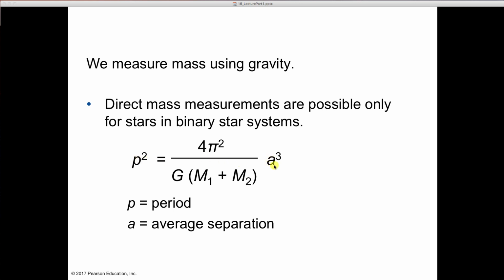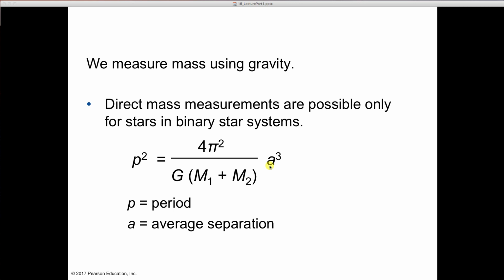But we also need to find the distance between the orbits. And that's hard to do unless you can see the stars more directly. That's a little bit more difficult. For visual systems, it's a bit easier to do. So we have to make some sort of approximations. We can get some information about separation, but maybe not perfect information. So these masses that we calculate always have some uncertainty to them.